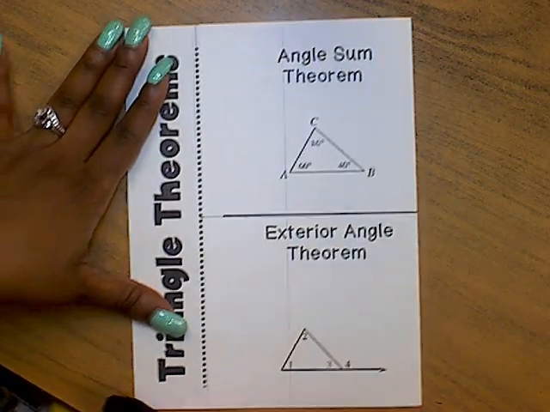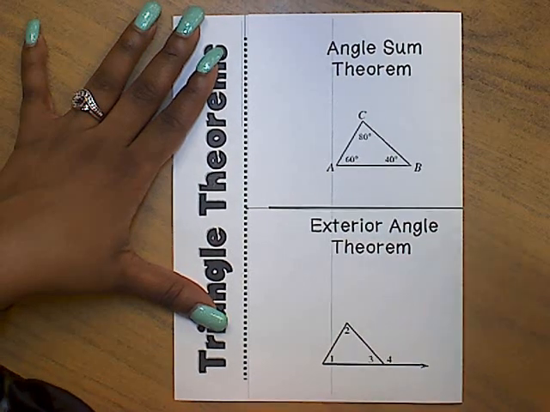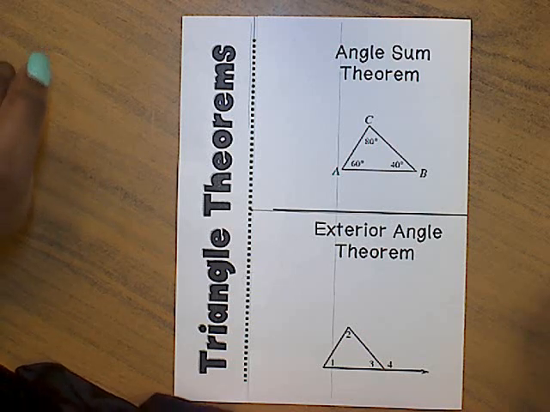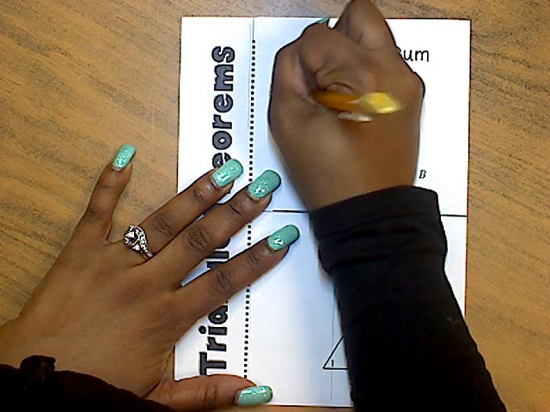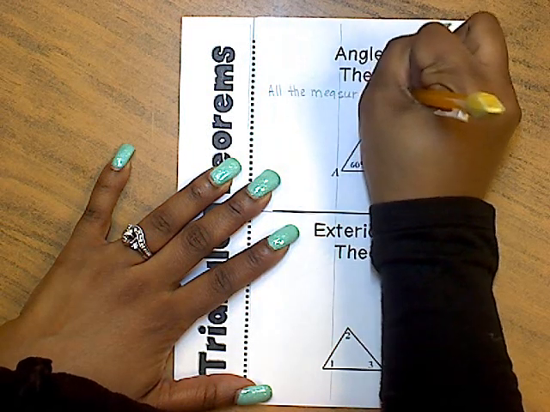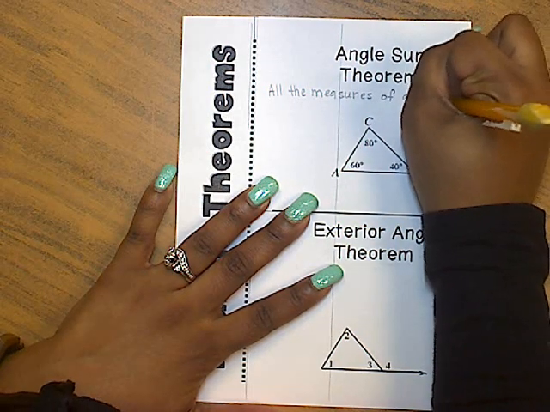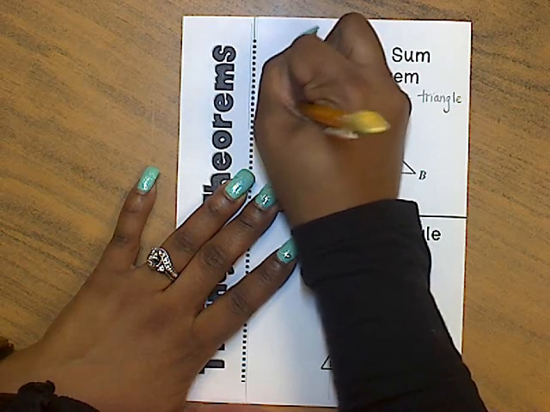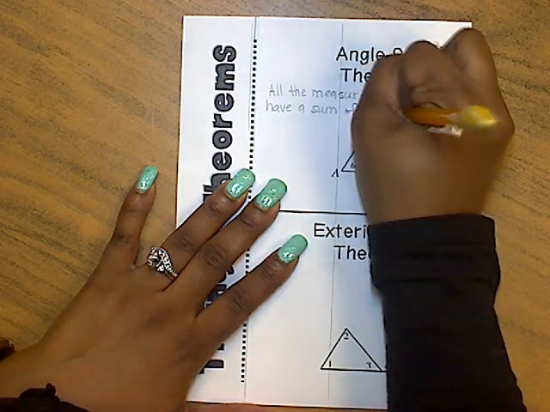For our foldable, we're going to start with the angle sum theorem. The angle sum theorem says all the measures of the angles in a triangle add up to 180. So all the measures of a triangle have a sum of 180 degrees.